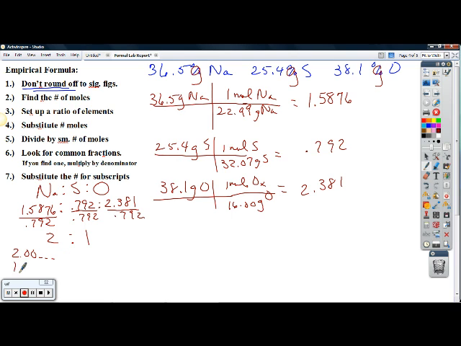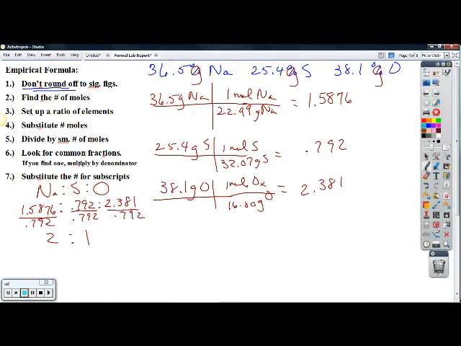If it's 1.99 something, I can round it off to 2. But if my decimal is not really close to a whole number, don't round it off to 2 or whatever number, because you're going to have to look for common fractions, which I'll go over in a minute. So it has to round off very close to exactly that whole number.